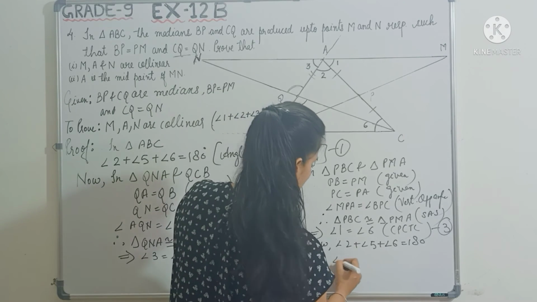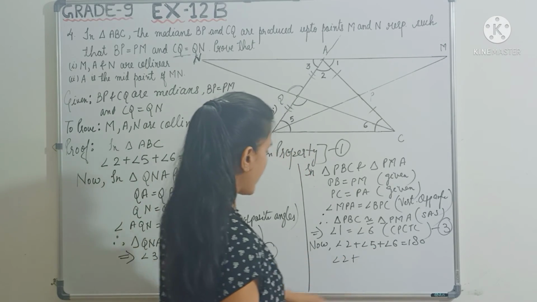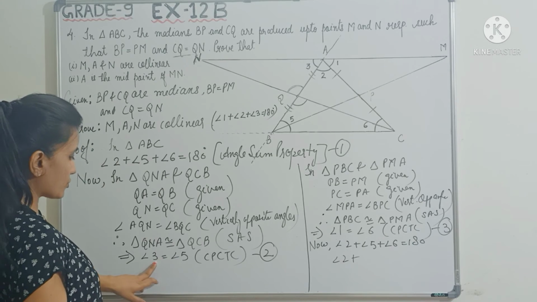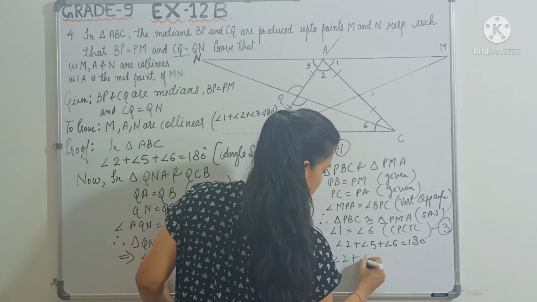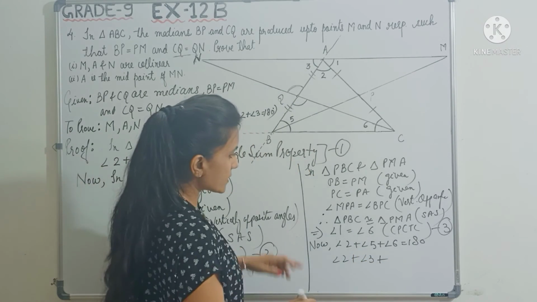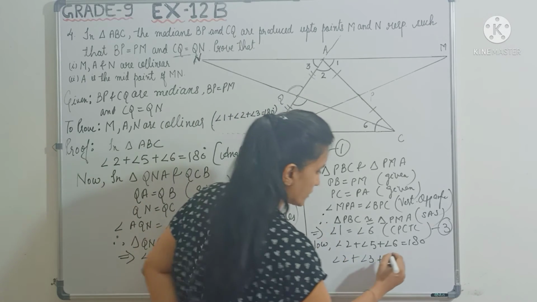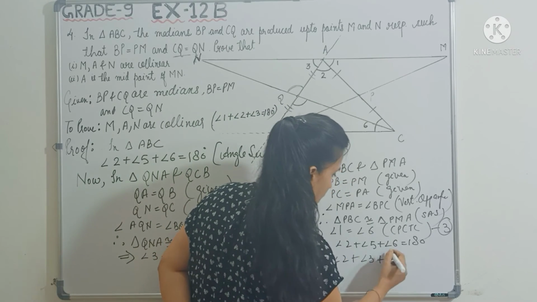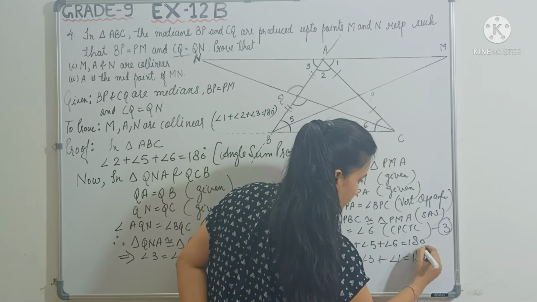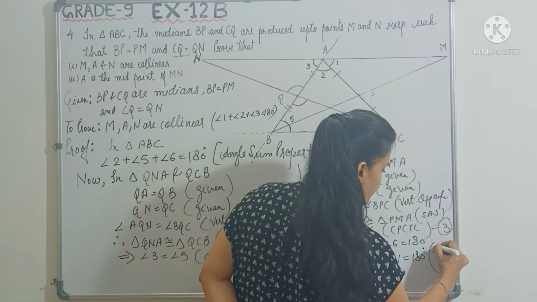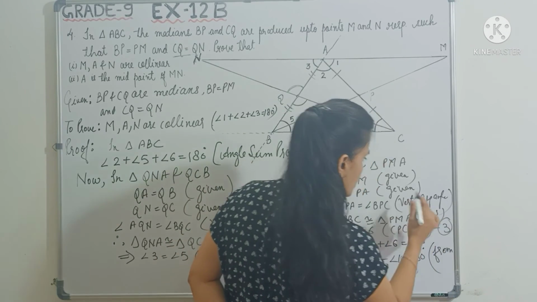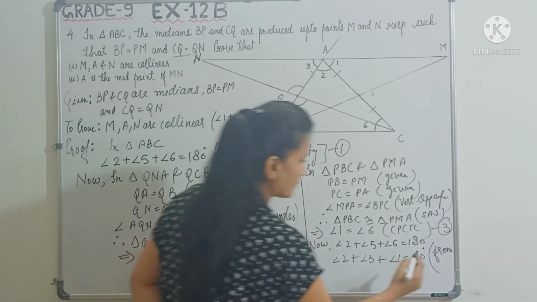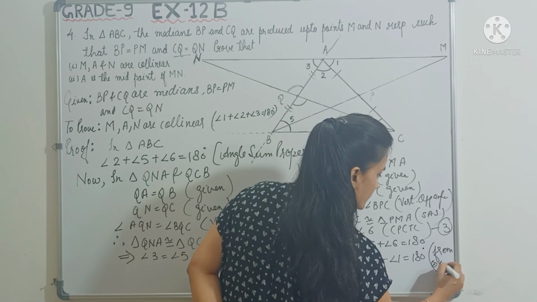Now angle 2 copy as it is. Angle 5 is equal to what? Angle 5 is equal to 3. So let's replace this by 3. And angle 6 is equal to what? 6 is equal to 1. So let's replace angle 6 as 1. So here you can write down, from 2 and 3.